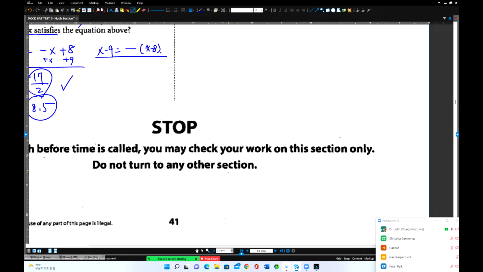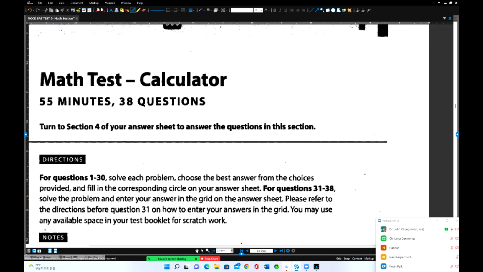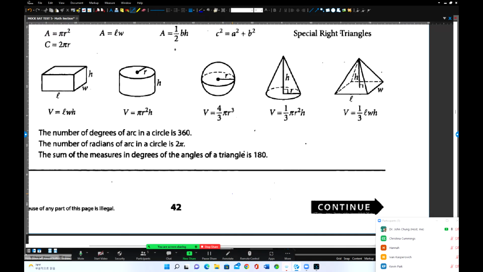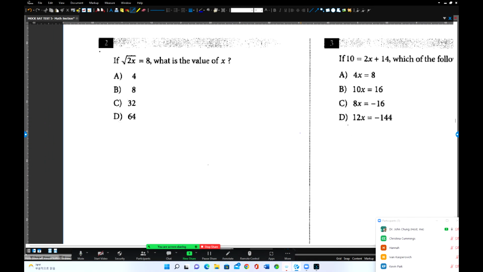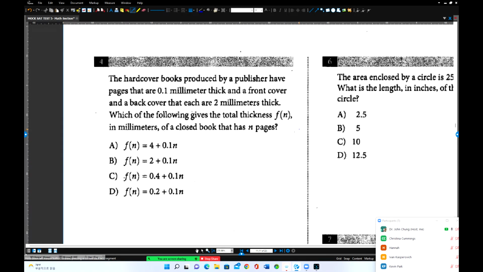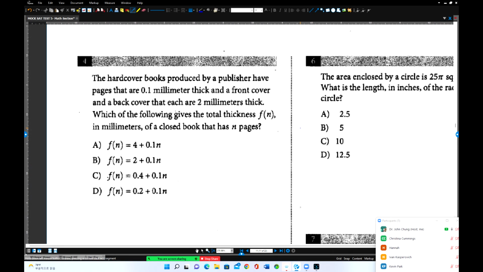Move on to section 4. Number 4. Section 4, number 4. This is number 3. This is number 4. Okay, I need to read this one.